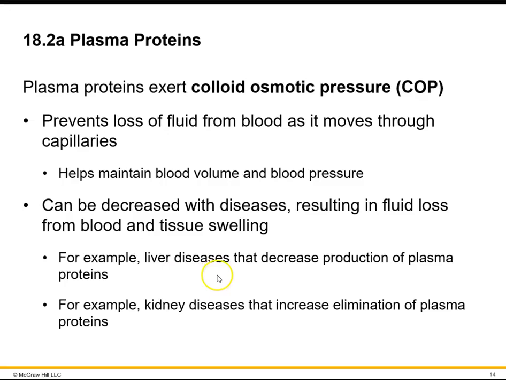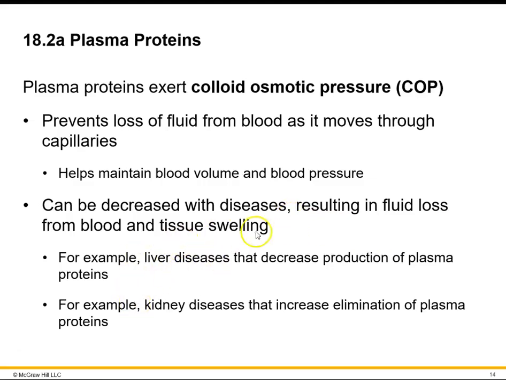Now, there are some diseases that mess with the colloid osmotic pressure. For example, some liver diseases are going to decrease the liver's ability to produce those plasma proteins. So there's fewer plasma proteins circulating in the blood, there's less colloid osmotic pressure, so more fluid can be lost in the tissues, okay?